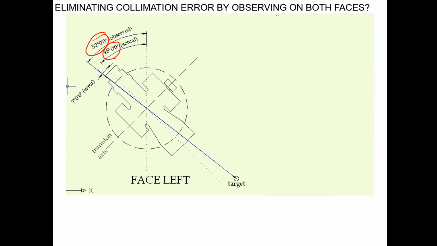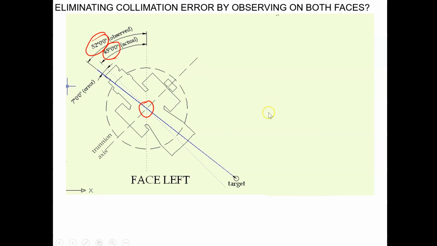We have gone past, because the collimation line now is not perpendicular to the trunnion axis anymore, and it's shifted to your left. Now, how do we get rid of that problem?